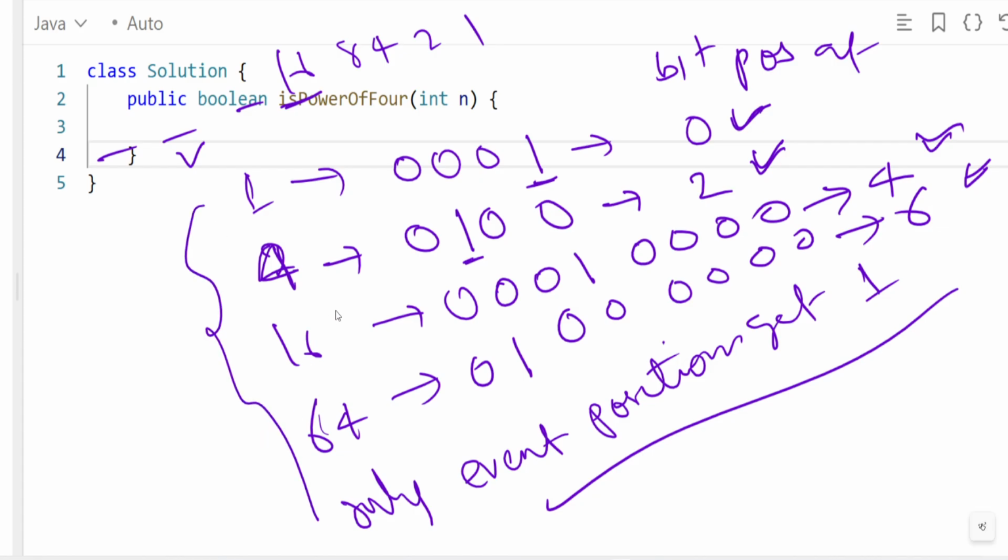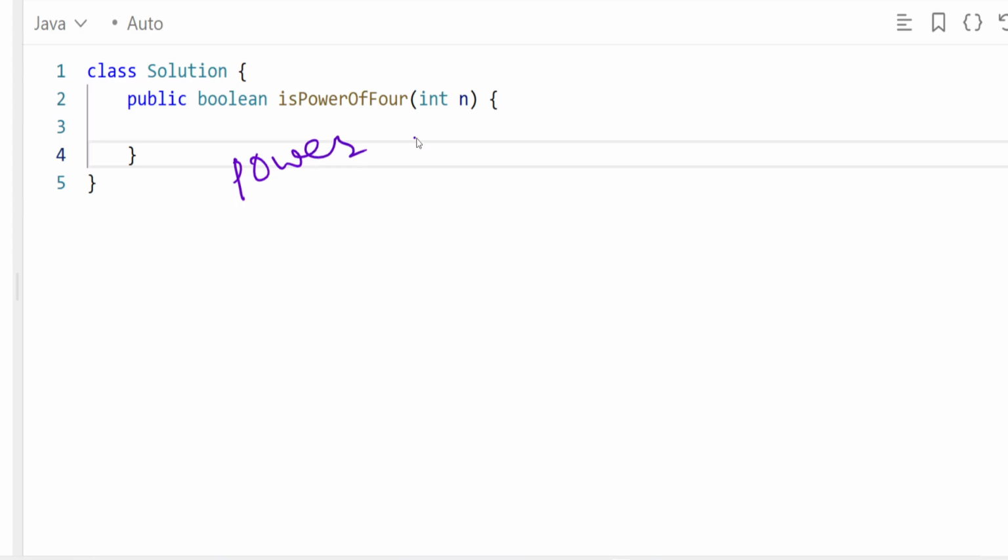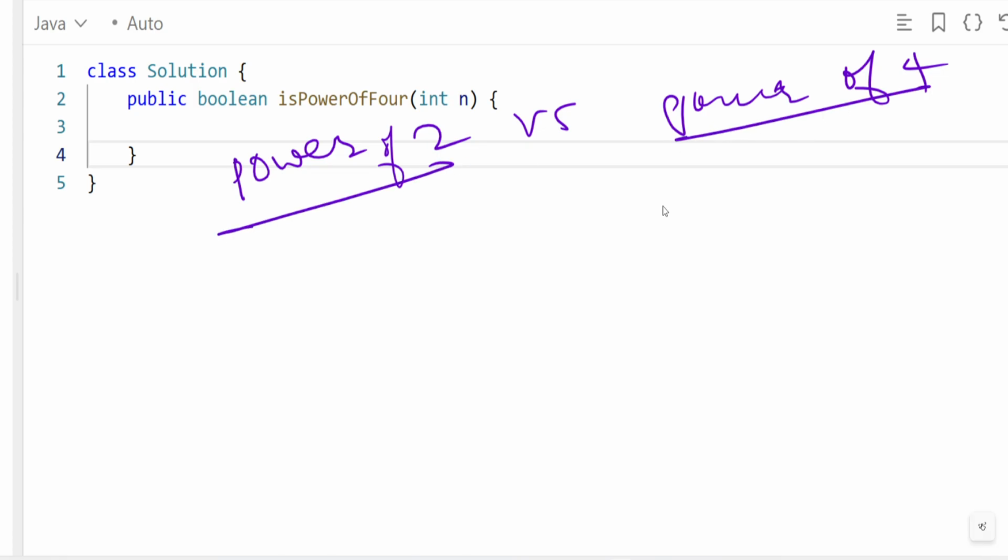Some concepts you have to understand. If you talk about the power of 2 versus the power of 4, you know the power of 2.